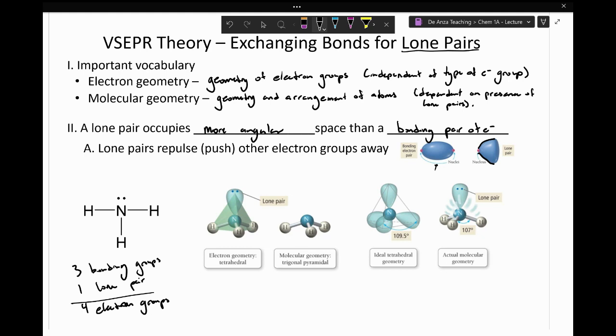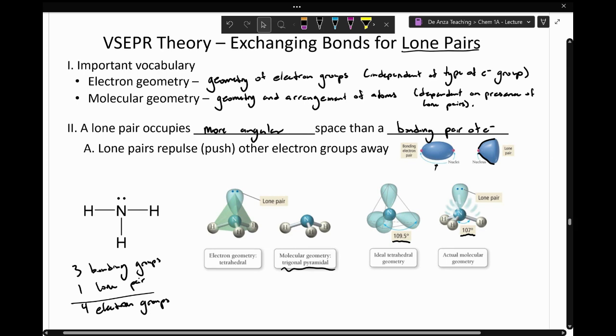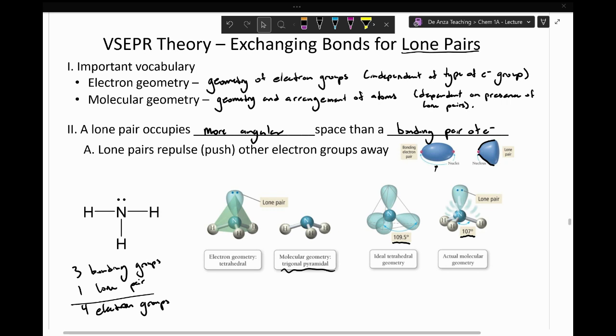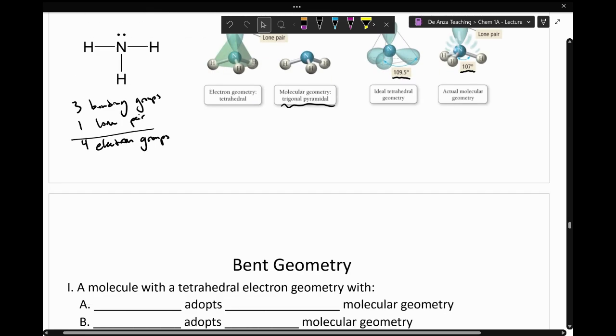But when we look at the molecular geometry, when we don't get to see that lone pair, we get something called a trigonal pyramidal geometry. And in that trigonal pyramidal geometry, we deviate and change from that 109.5 degree separation because that lone pair takes up more space. So in our trigonal pyramidal geometry, instead of 109.5, we get a separation closer to 107. And so that's when we exchange in our tetrahedral electron geometry, we lose one group to lone pairs.